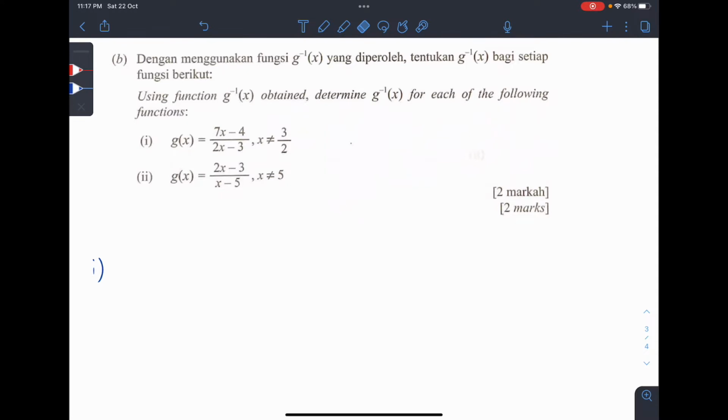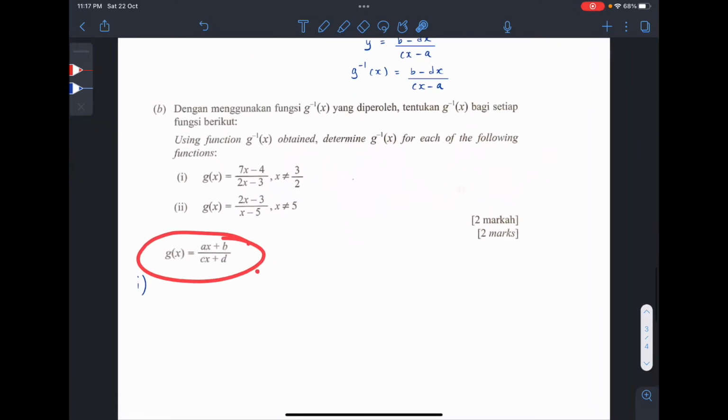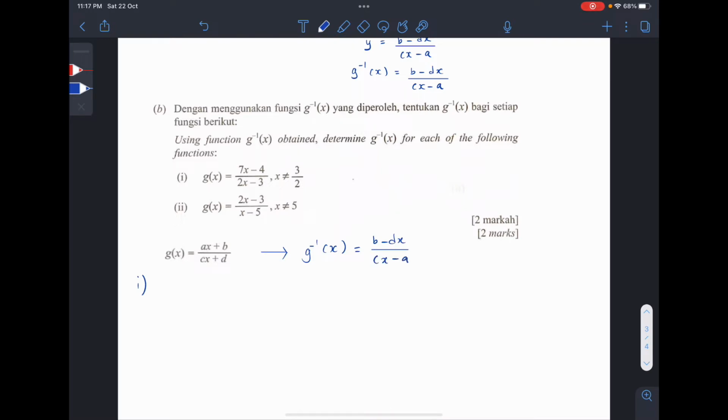Alright, so the first thing I want to do is look back at my original question. This is from 1A. I'm going to write down our previous answer after we inversed it. It was g inverse of x equals (b minus dx) over (cx minus a).